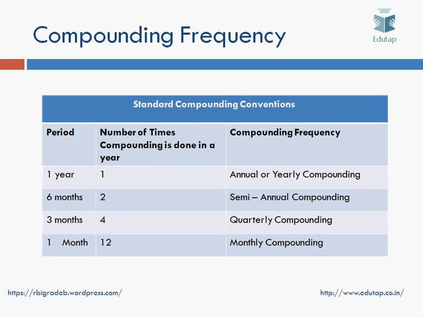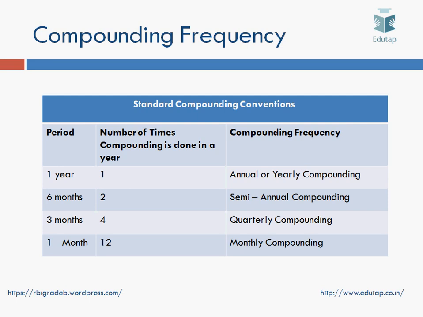Now, the compounding is called annual when the interest is added to the principal after 1 year. That is, number of times the compounding is done a year is 1. The frequency is called semi-annual compounding when interest is added to the principal after every 6 months.